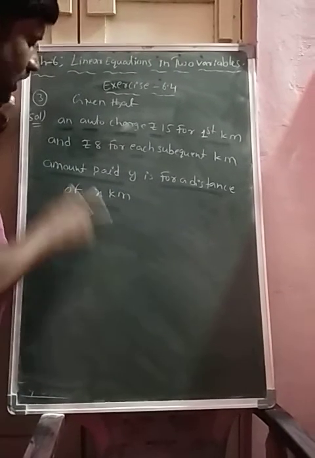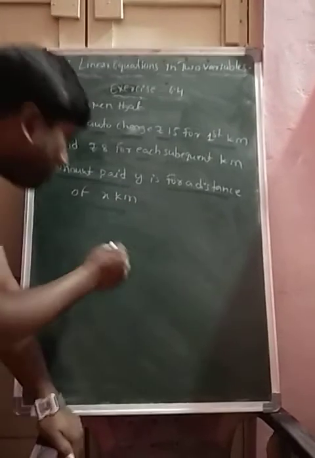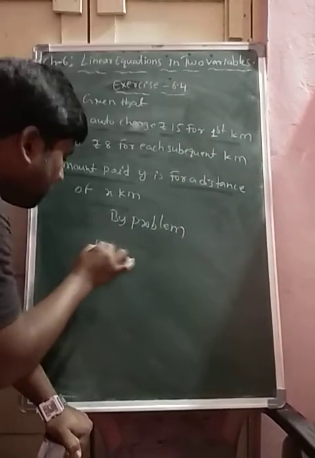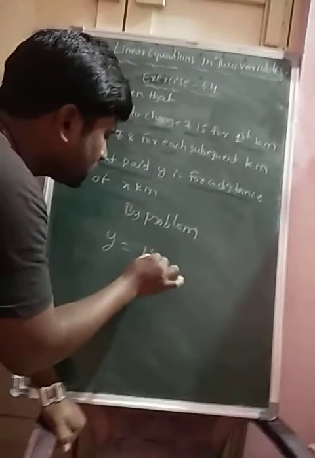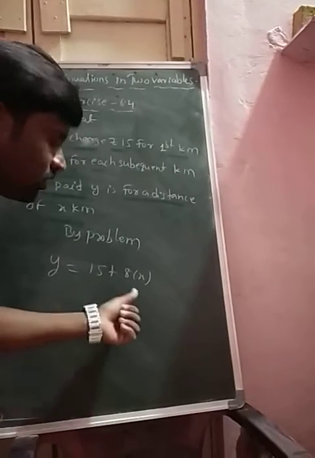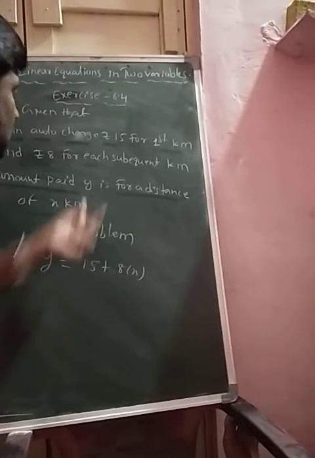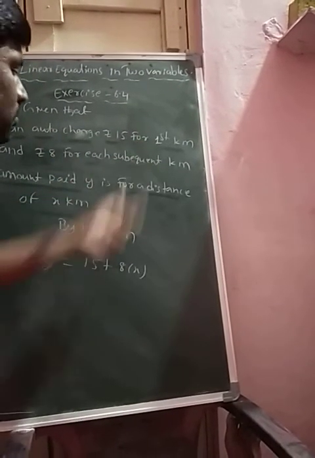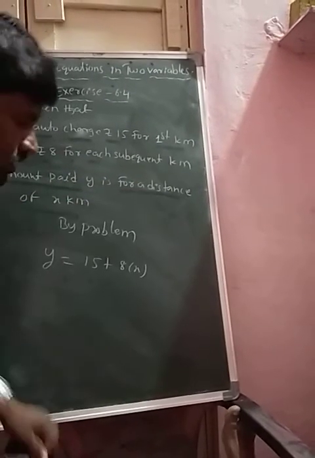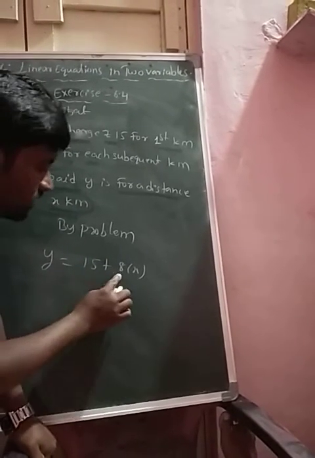By the problem, amount paid y is equal to 15 plus 8x. Here 15 is the charge for the first kilometer and 8 is for each subsequent kilometer, so for a distance of x kilometers, y is equal to 15 plus 8x.